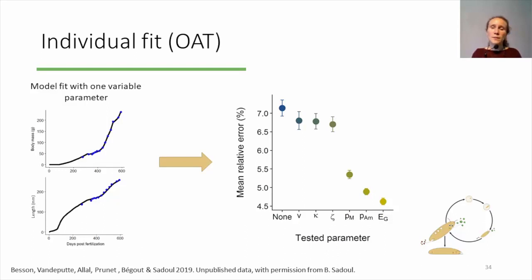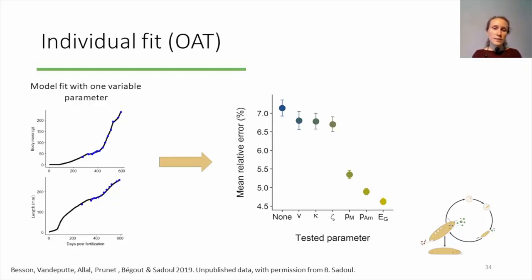And then, based on that, they varied only one parameter and tried to fit the values for each individual, so different growth in length and growth in mass value for each individual. And doing that, they obtained different errors between the observed values and the predicted ones, depending on which parameter they chose to vary.